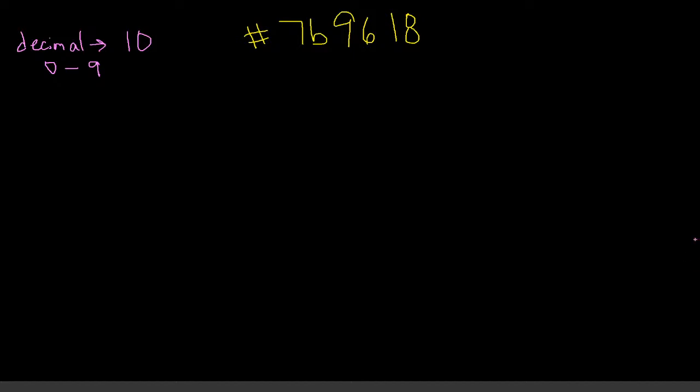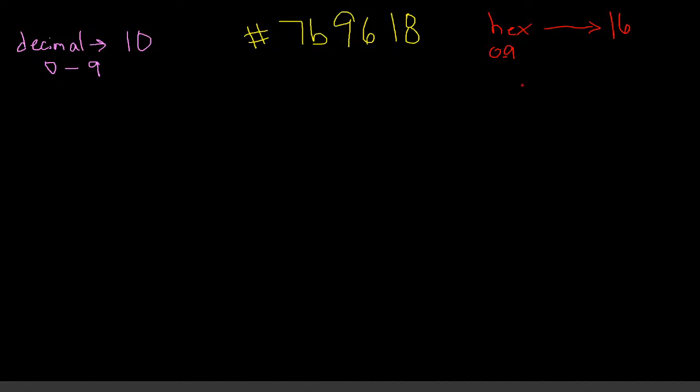Conversely, our hexadecimal system, which is also just shortened to hex, uses 16 digits. So we're using 0 through 9, just like in decimal, but then we continue counting.